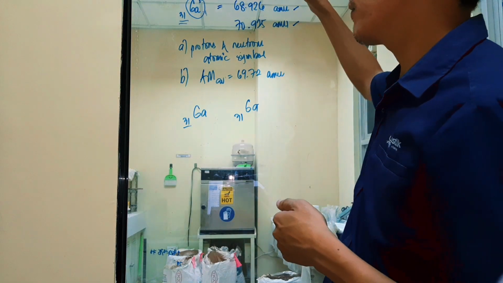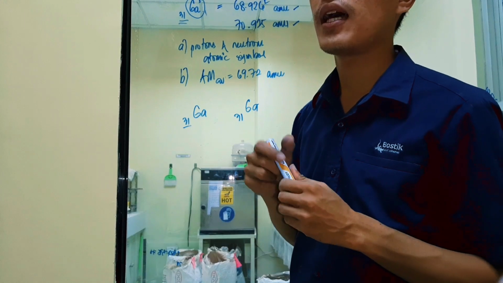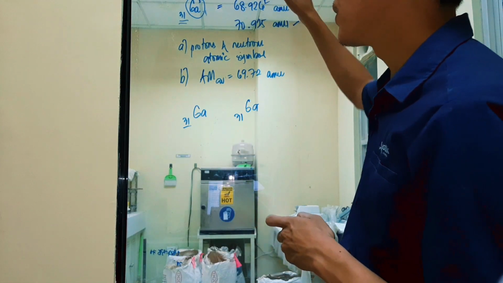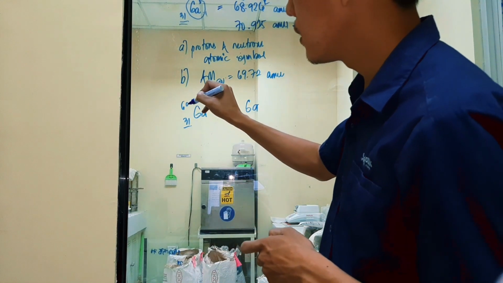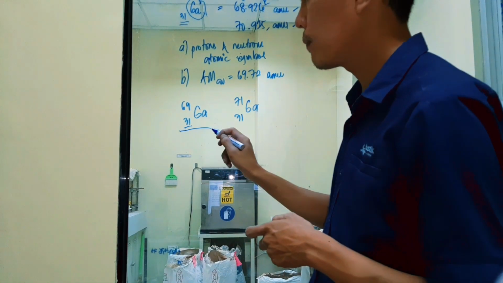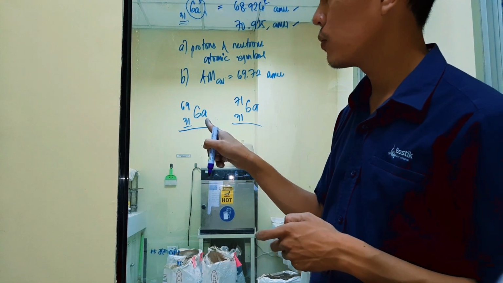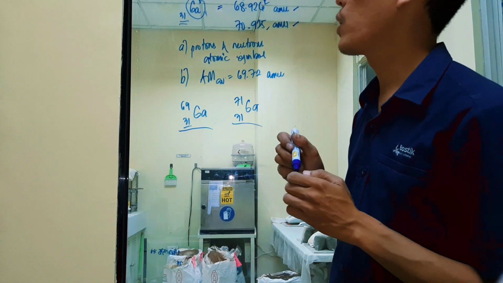We'll round off these numbers since the representation must be a whole number. So this one is 69 and the other one is 71. This is the representation for the two isotopes of gallium: gallium-69 and gallium-71.